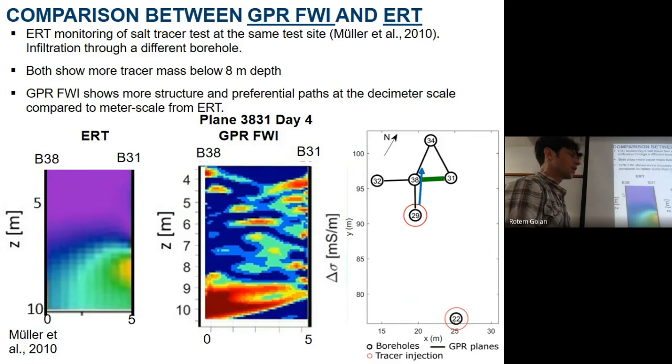This is not the most accurate comparison, just because the injection in each of the experiments was different. They injected from here, and I injected here. So the magnitude of the conductivity will not be similar, and we shouldn't compare it. Just the size of the structures that we recover.